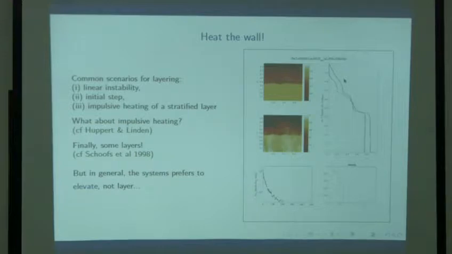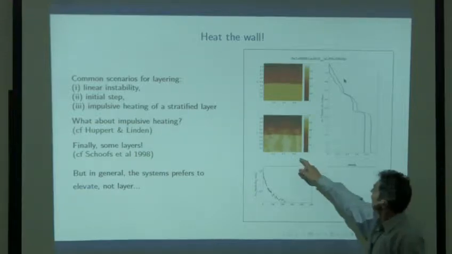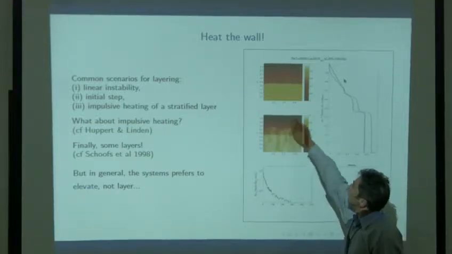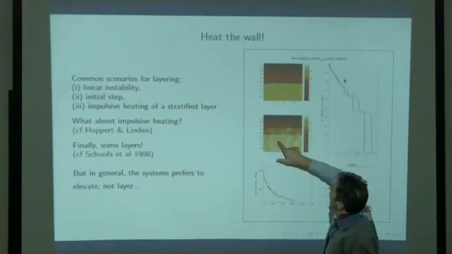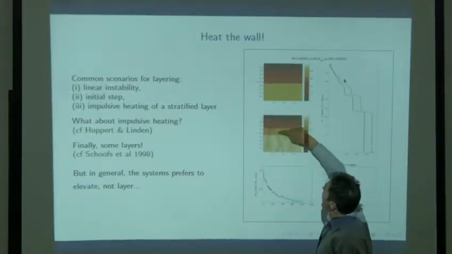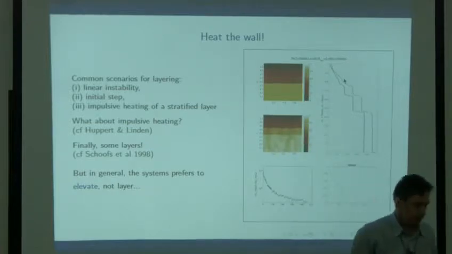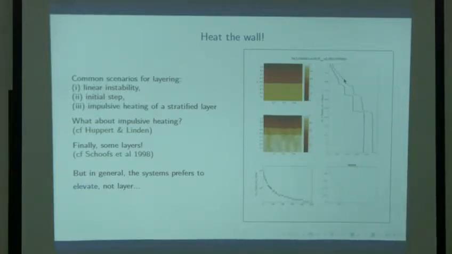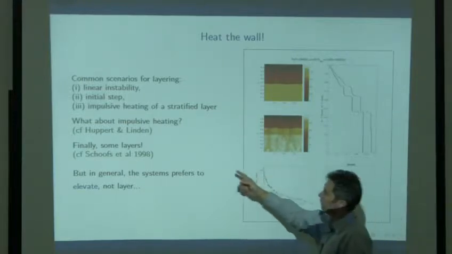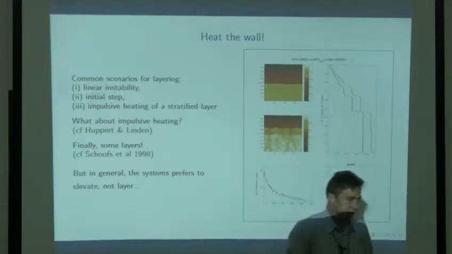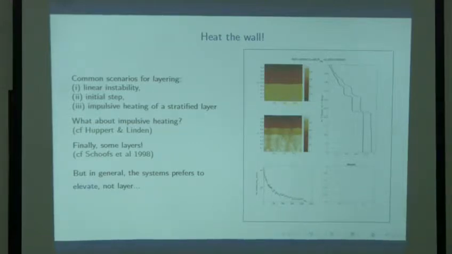That started awfully quickly, but the stratification's been mixed up here. There was an interface that formed, and now you see another mixed layer appearing above it, so you see the generation of steps. Previously, Schmitt et al. in '98 had done some computations where they'd seen this, but we couldn't reproduce their numerical results.